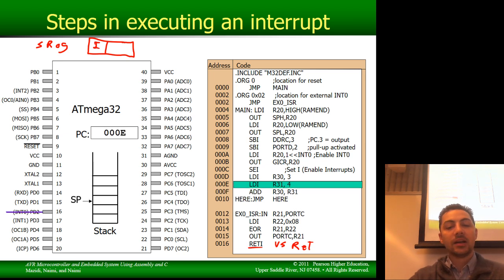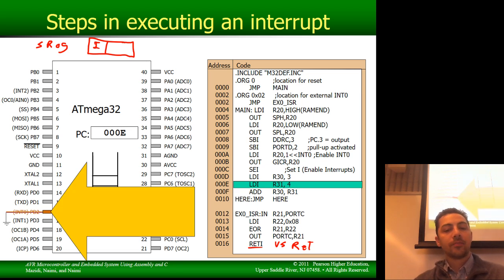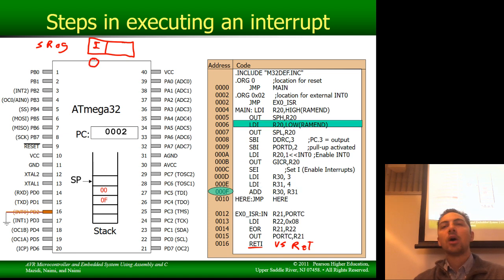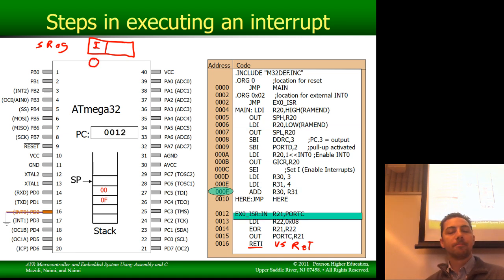So if we go back a little bit here, we're going along. Here's where it goes low. As soon as we jump to 2, we turn off the interrupt bit. Then we go through this stuff.